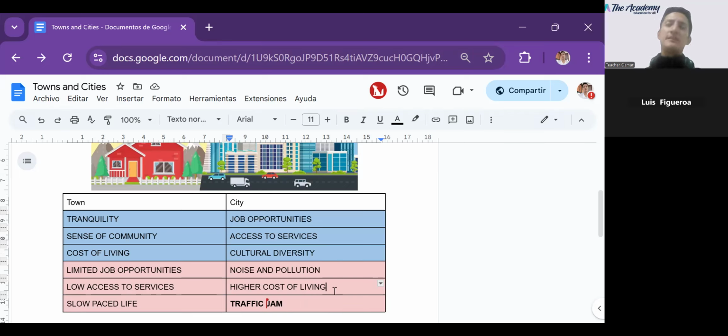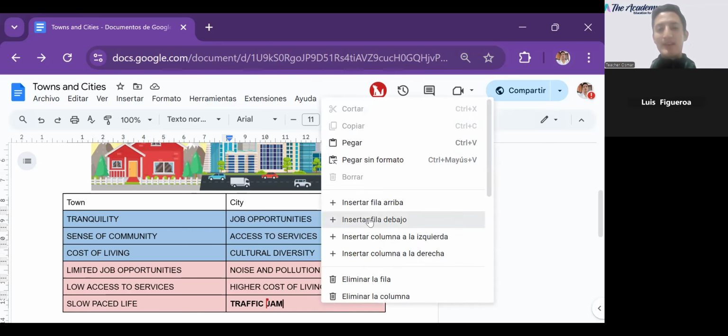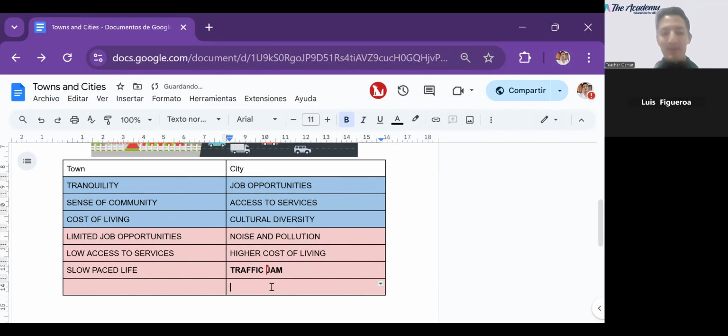Something negative in my personal case about Quito, for example. You told me the disadvantages, noise and pollution, higher cost of living. But something that is very common in cities, remember, is the crime. Crime.